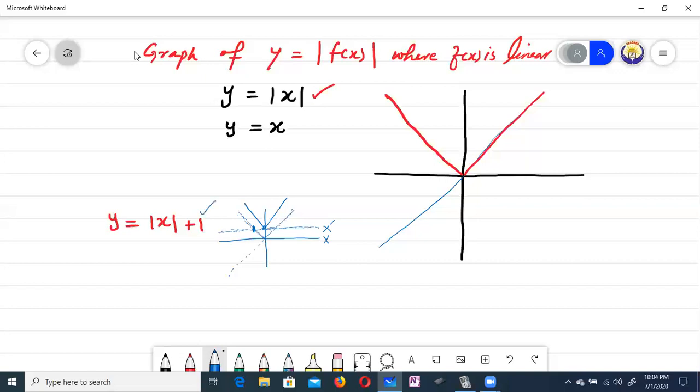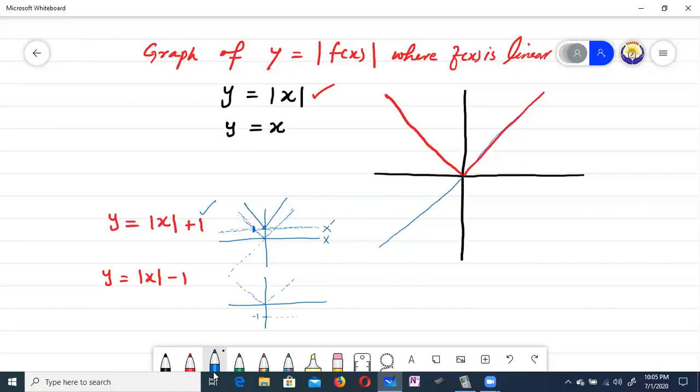How we can draw this new x-axis? If this 1 is outside, then you have to write here 1. If 2 as it is, then we will go up to 2. If this is y is equal to modulus of x minus 1 or minus 2, suppose minus 1 is here, then how we can draw? Graph of y is equal to modulus of x is this one. As here is minus 1, then on y-axis we will go down 1, mean minus 1 here.